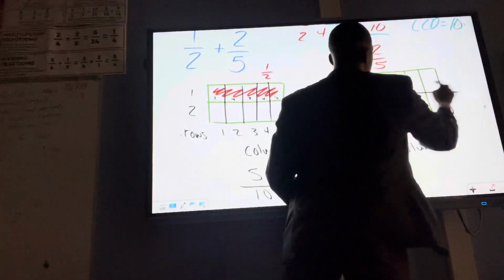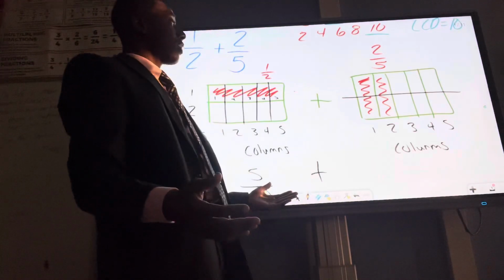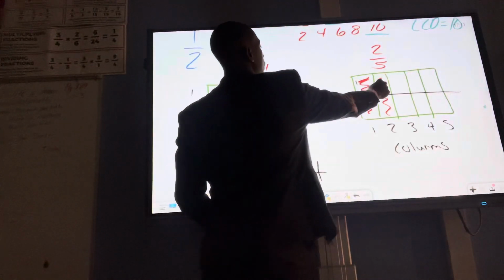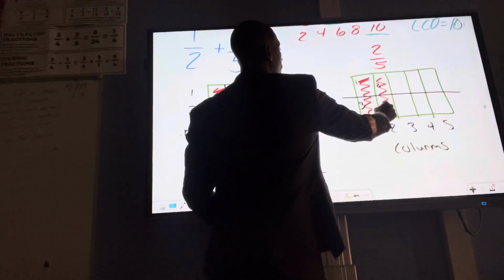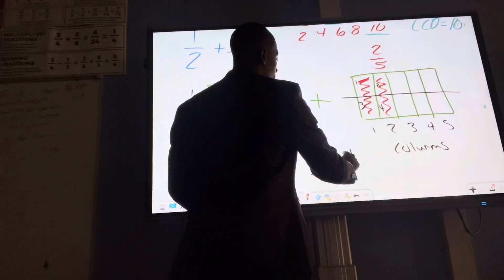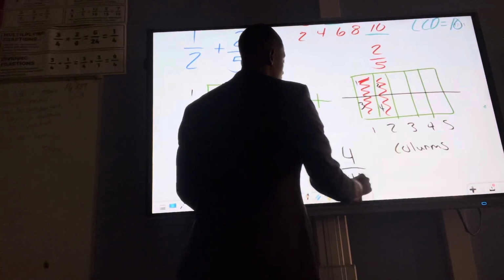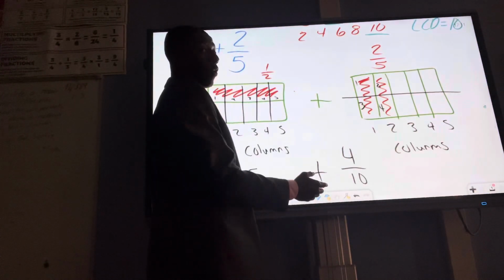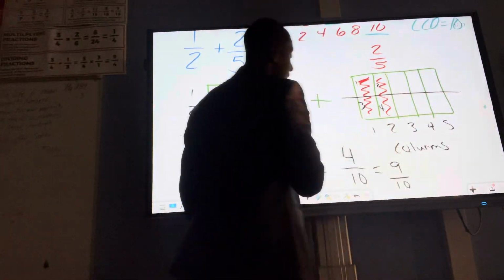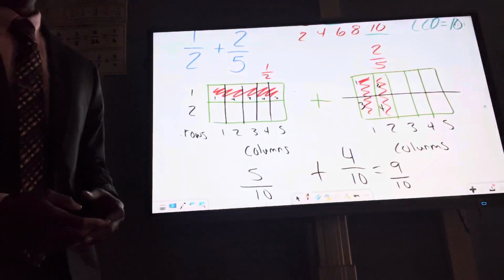So I'm gonna split this in half, and now I got 10 pieces. Of those 10 pieces, there are 1, 2, 3, 4 still shaded in. So I'm gonna say 4 over 10. So 5 plus 4 will give me 9 over 10. So that's the model method, and that some students prefer.